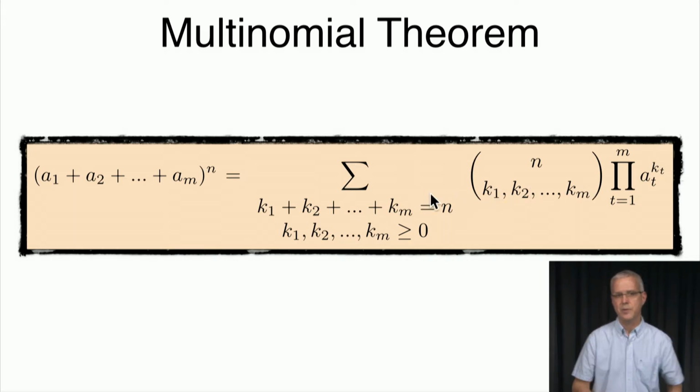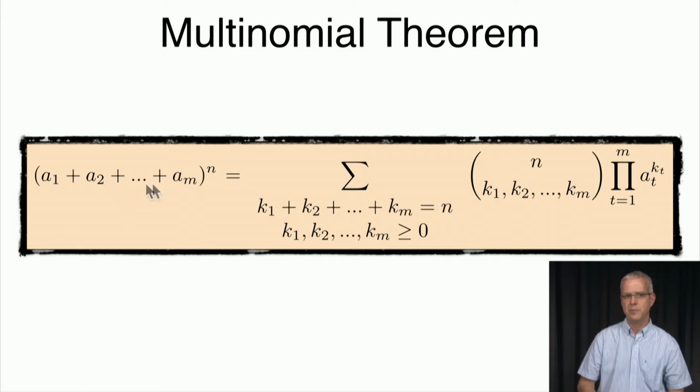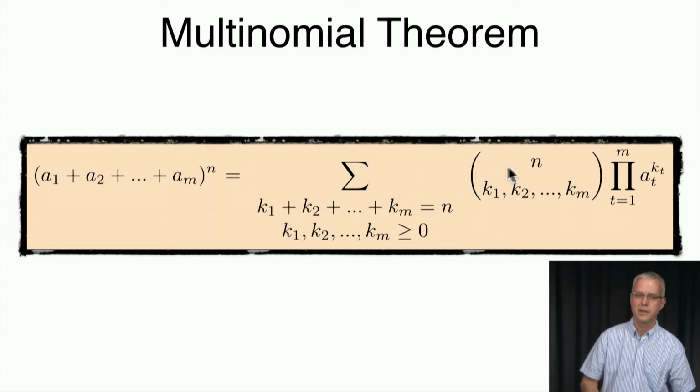So as you remember, the binomial theorem was pretty much the same. We had a plus b raised to the n equal to the summation of a to the i, b to the n minus i, and then we had the binomial coefficient here, which was n choose i. Okay, so this is just a generalization.